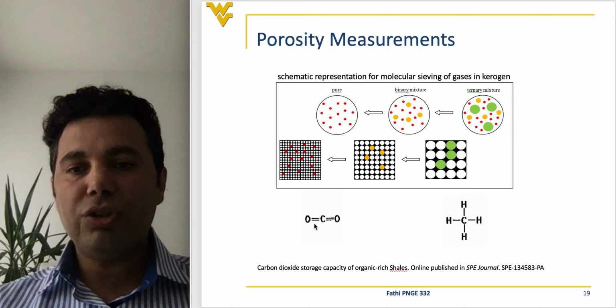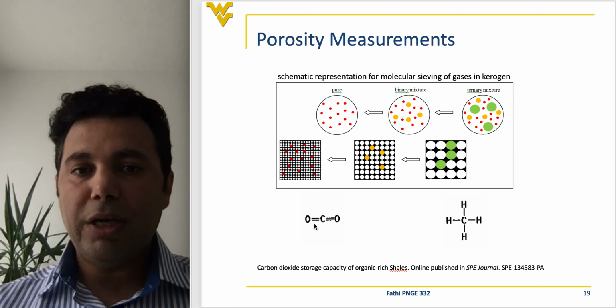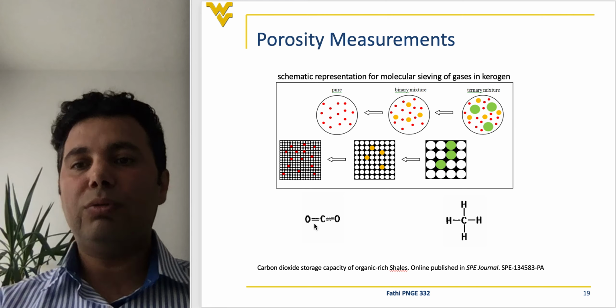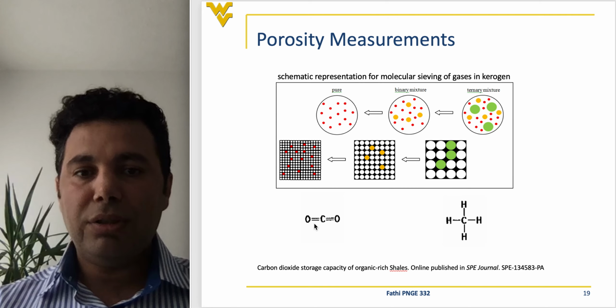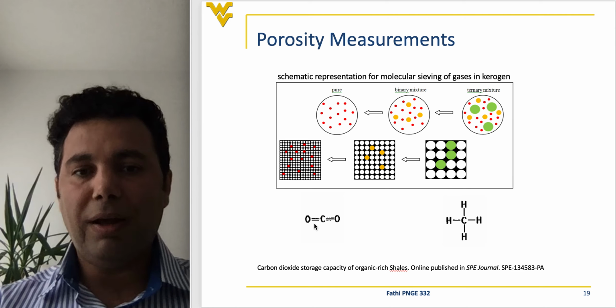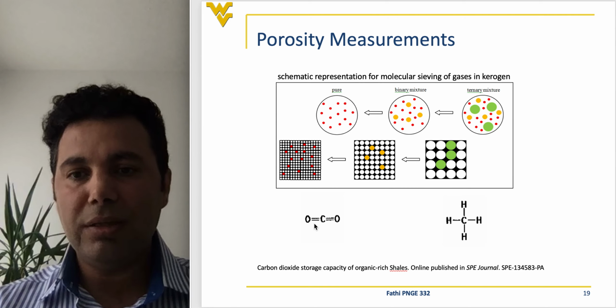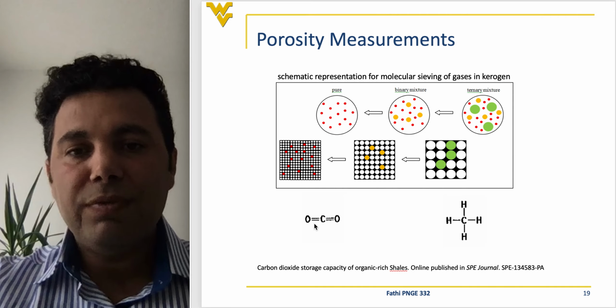So the structure of these molecules impacts the physical property that we measure, like porosity. If you don't have a good measurement, then you're going to have a misunderstanding of the porosity estimation. And then the original gas in place will be completely different, and you're going to hurt your company. So it's very important to know.